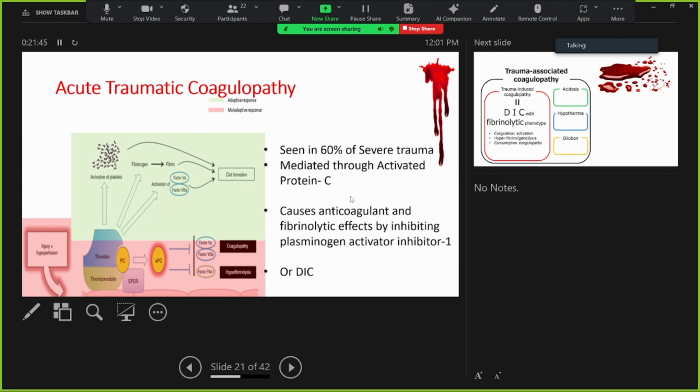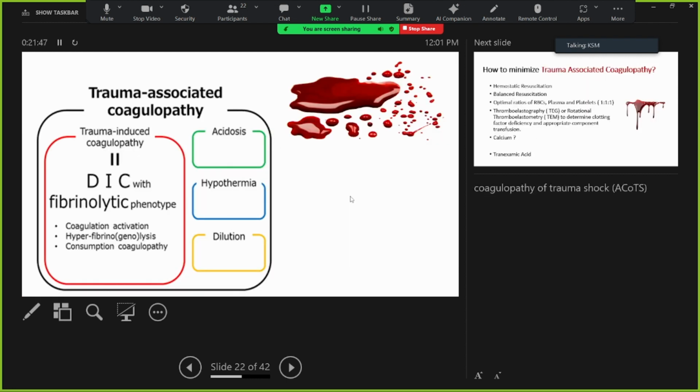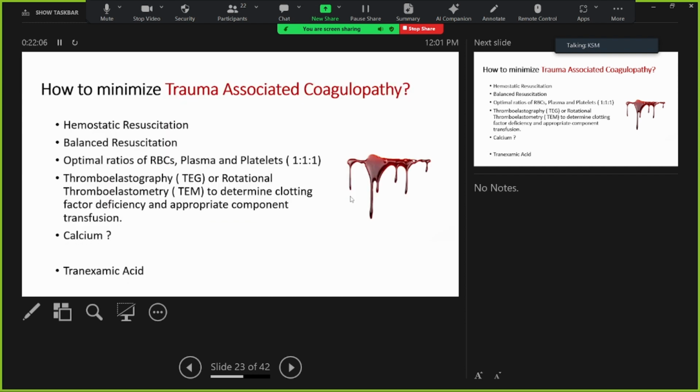So everything together, the trauma-associated coagulopathy, trauma-induced coagulopathy plus resuscitation-associated coagulopathy, that is acidosis, hypothermia, dilution, and consumption, is the main problem. So in our resuscitation, we try to minimize this part because that is the killer.